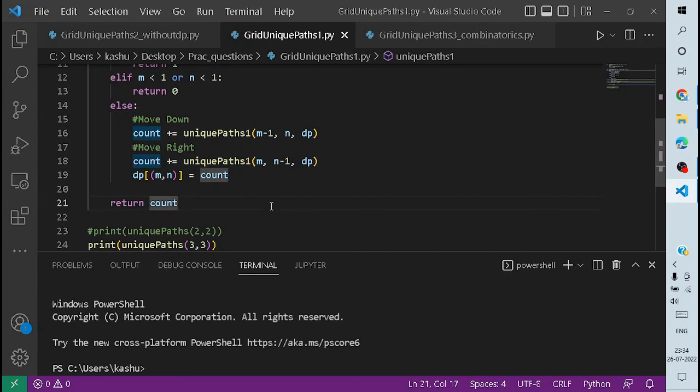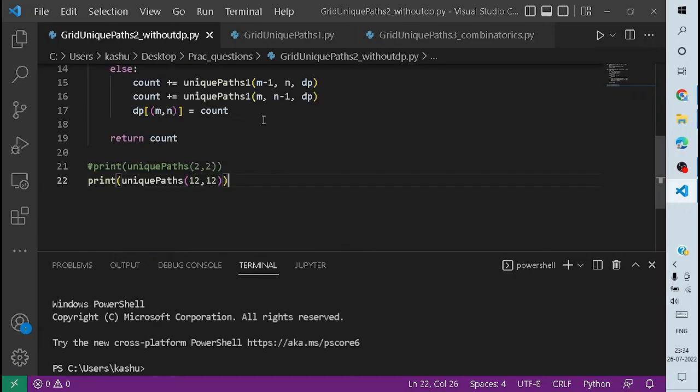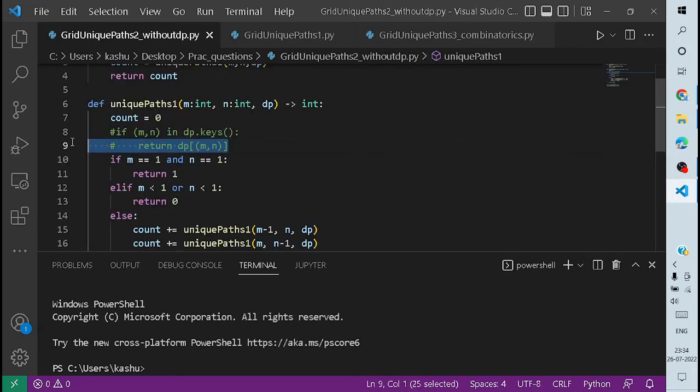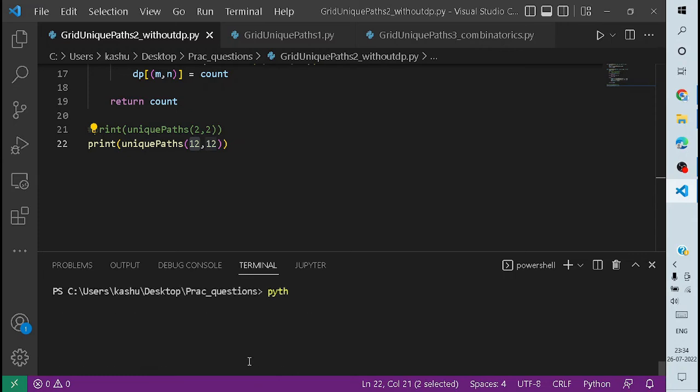To understand the significance of dynamic programming, I have written the code where we are not using the dynamic programming approach. All right. So here let's do it for 12 comma 12 and see how much time it takes. So for 12 comma 12, you can see it is taking some time.